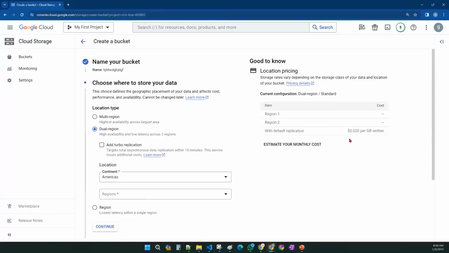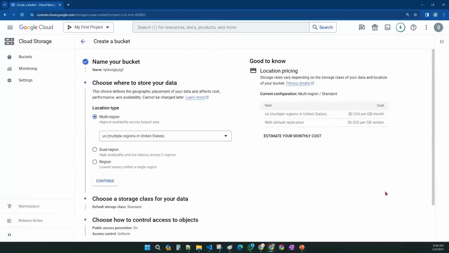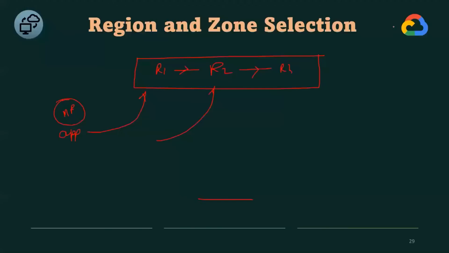So that is how it is, multi-regions and multi-zones. Whenever you are deploying your application, try to select this location properly.